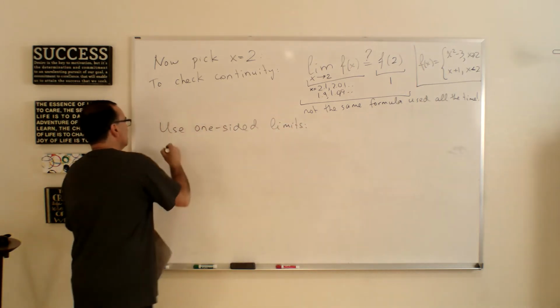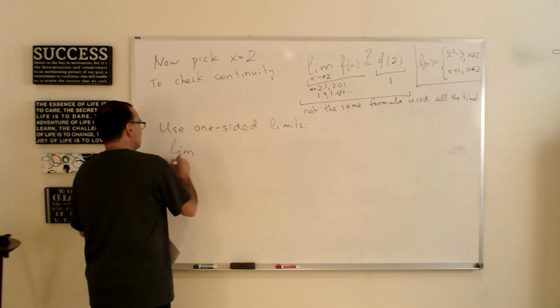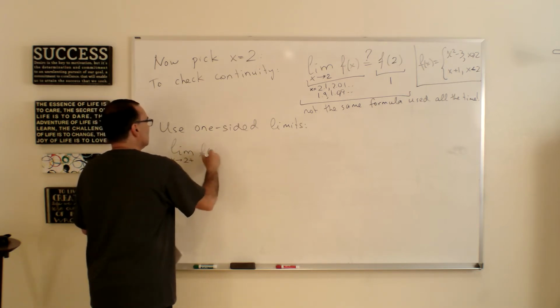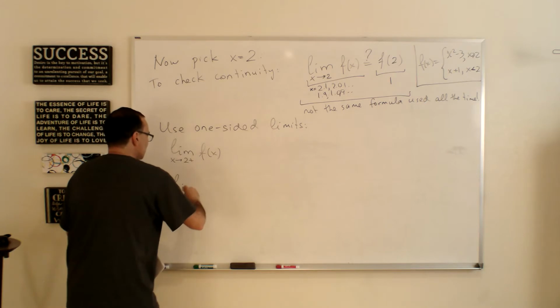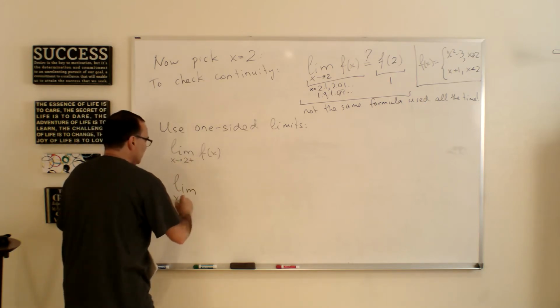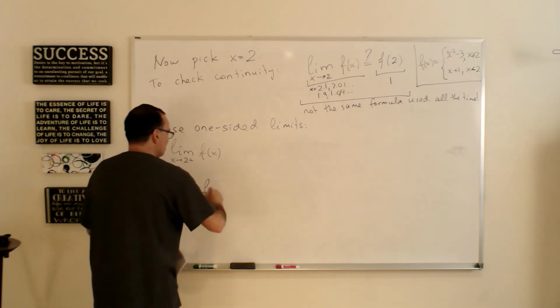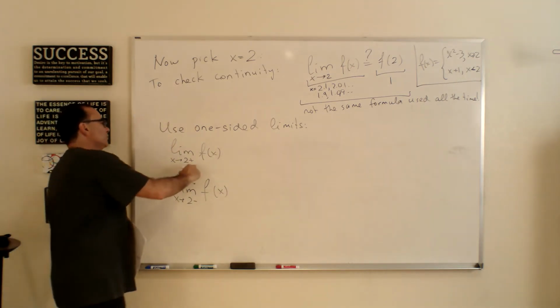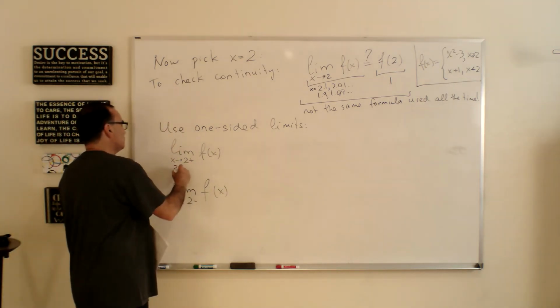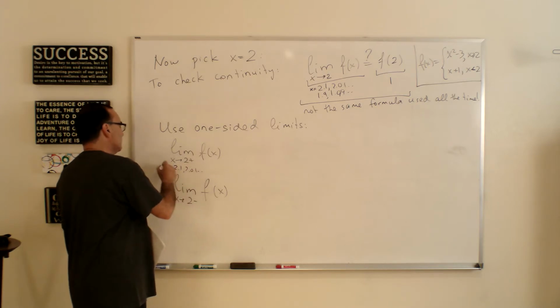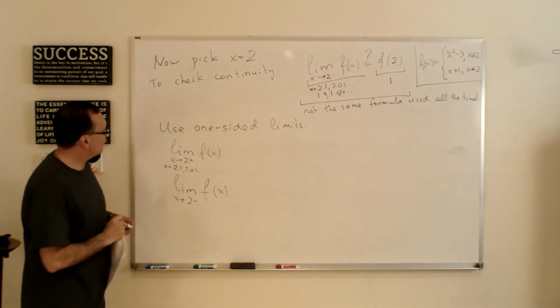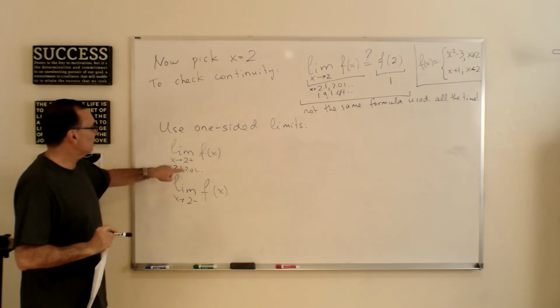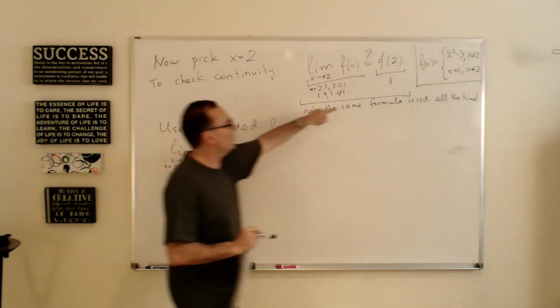Namely, limit as x approaches 2 plus, and next to it or in parallel we will be calculating limit as x approaches 2 minus. Now, x approaches 2 plus means that we're plugging in 2.1 and 2.01, etc. Again, I'm not physically plugging them in, but I want to determine which formula I will be using.